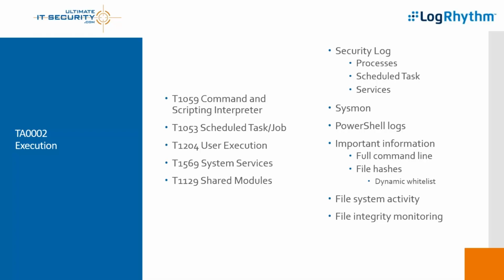If we want more detailed information, Sysmon helps, especially in this particular tactic with regard to providing the hashes of EXEs and DLLs being loaded. Because as most of you are aware, the name of a file does not necessarily give us assurance that a known set of instructions is actually being run.